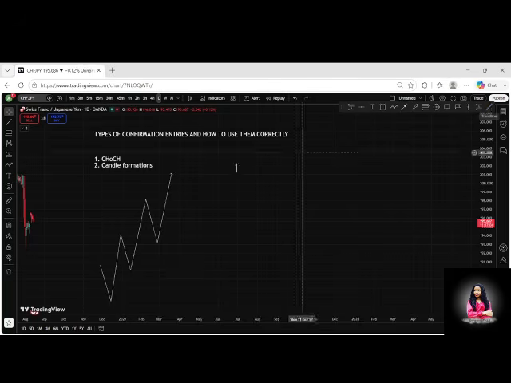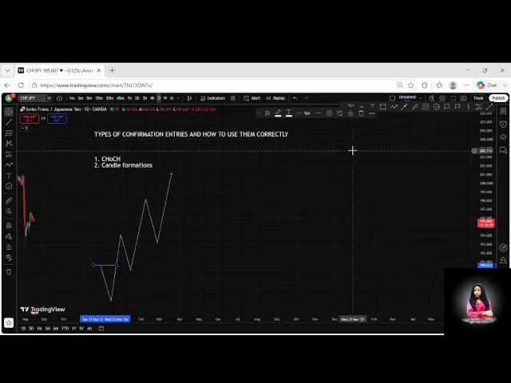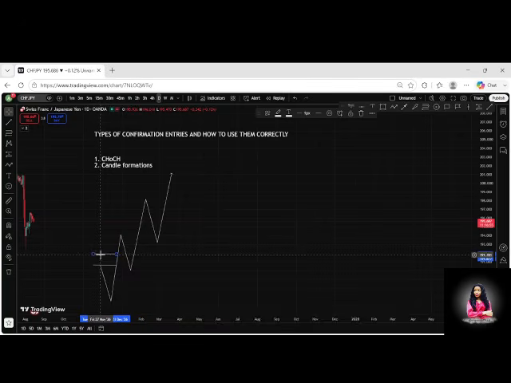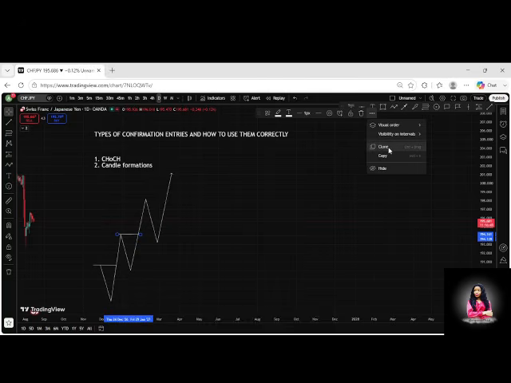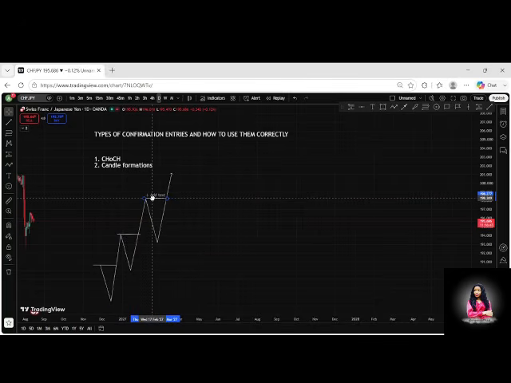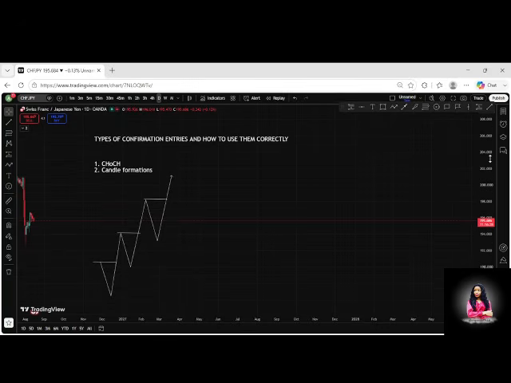For example, let's say we have an uptrend like this, where market is breaking structure to the upside. Now, once this structure changes, or once it is about to change, or something that makes it change from this uptrend to another type of structure, that thing is known as change of character.